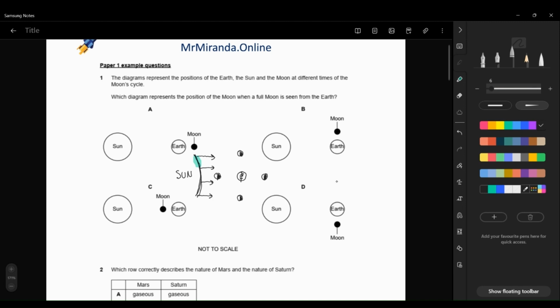This is also true for planet Earth. On planet Earth, on the left hand side on this diagram, it will be daylight. On the right hand side, it would be night.